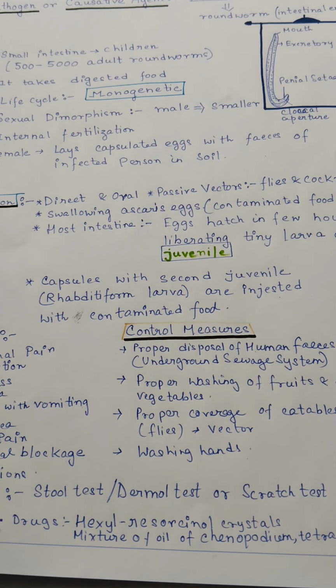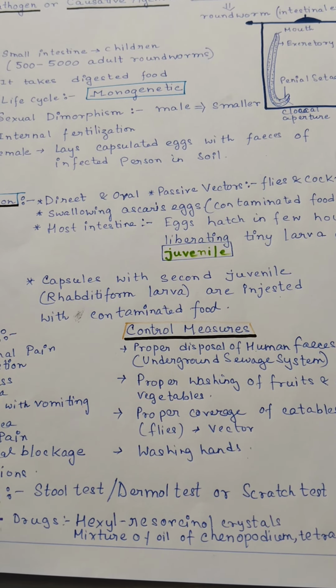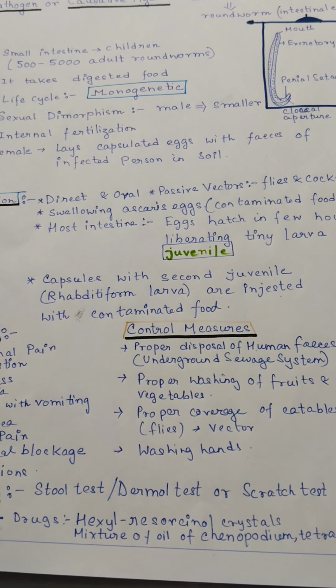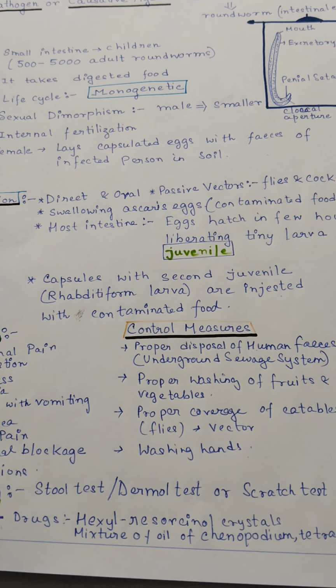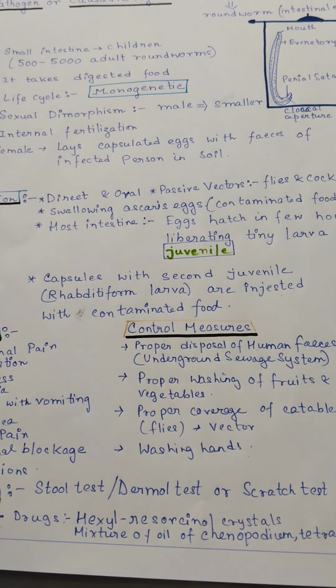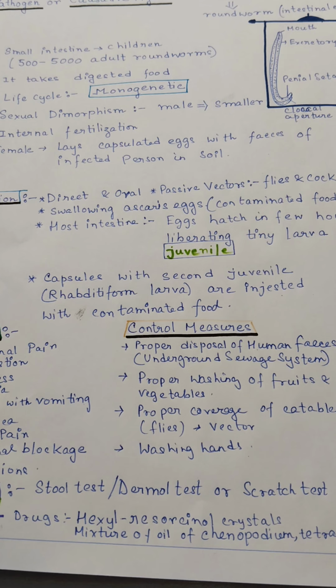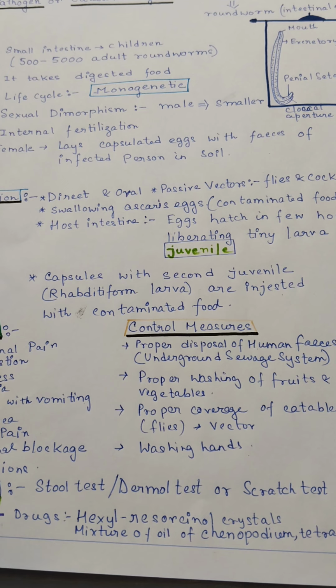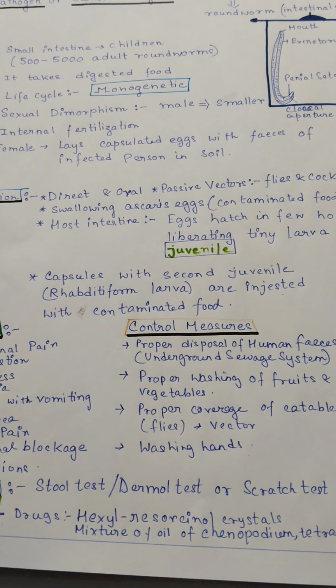In direct and oral, when a normal person ingests raw vegetables that contain capsulated eggs of Ascaris lumbricoides, it simply goes in their small intestine and thereby causes this disease called Ascariasis. So direct and oral is there.